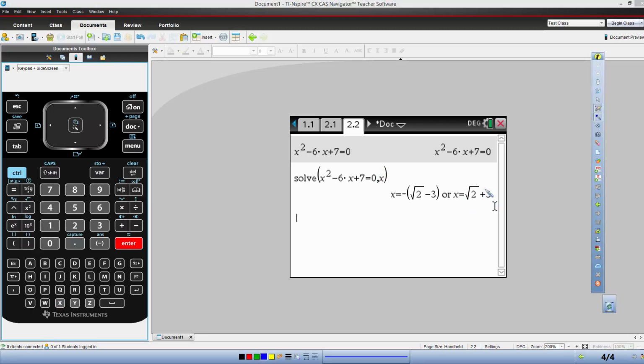This one is x equals 3 plus the square root of 2, because order doesn't matter for addition. Here I'm going to distribute the negative sign inside, so that's x equals negative times -3 is positive 3, negative times positive square root of 2 is negative square root of 2. So we get the same two answers out of the calculator.